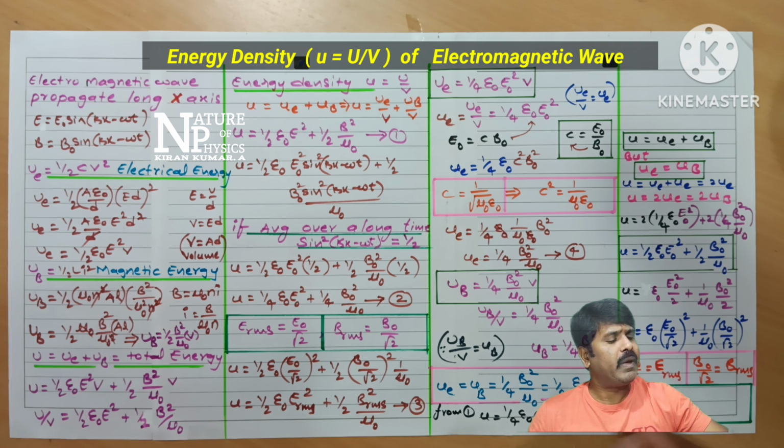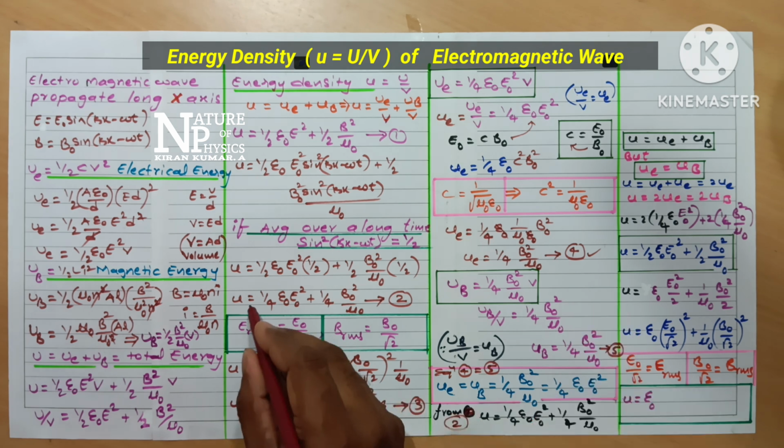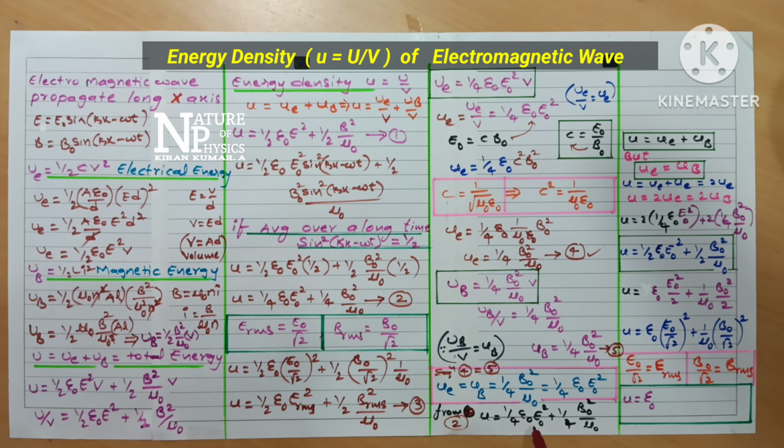From both equations we can write equation 4 is equal to equation 5, so that UE is equal to UB, which is equal to 1/4 B naught square divided by mu naught, is equal to 1/4 epsilon naught E naught square, student. So from equation number 2, U is equal to 1/4 into epsilon naught E naught square plus 1/4 into B naught square by mu naught.